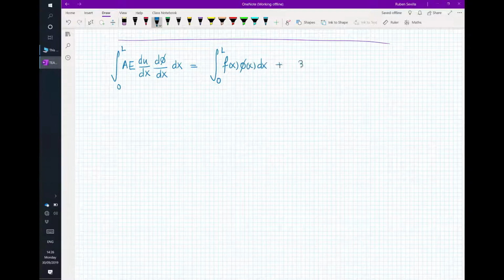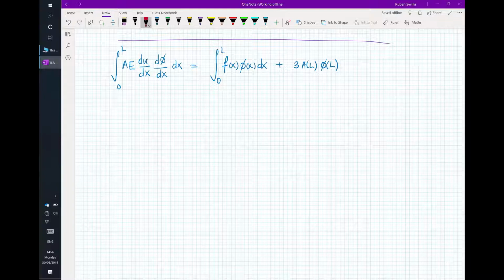And then the boundary term, with the area and this test function. Just copying this expression. And then this is where we are.